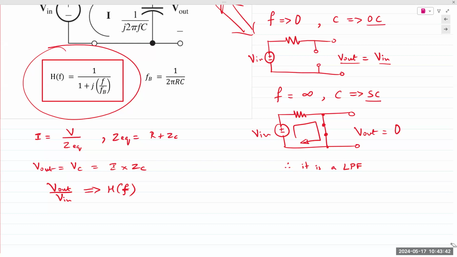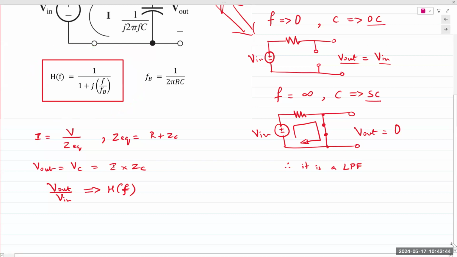When you solve that equation, you obtain 1 over 1 plus J F over FP. The transfer function will change the magnitude and will change the phase of the incoming signal depending on the frequency of the incoming signal.